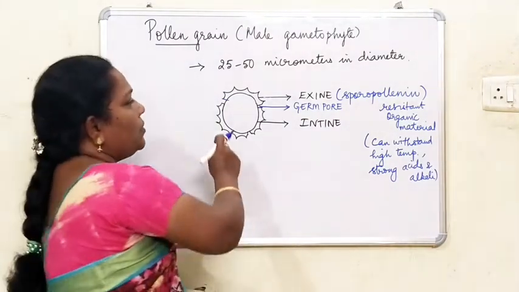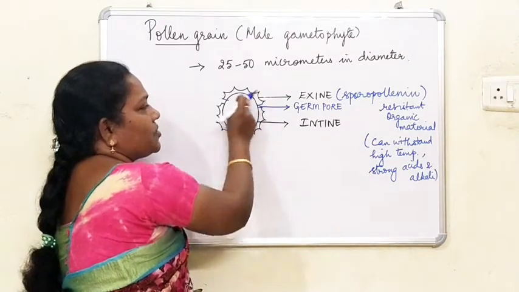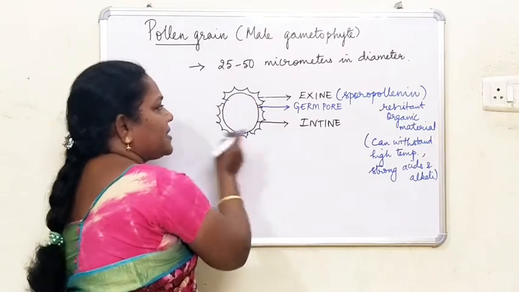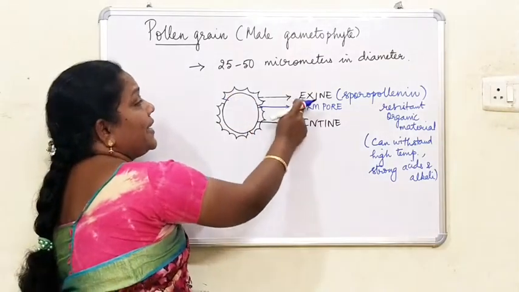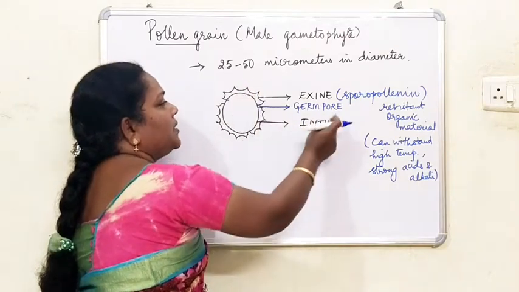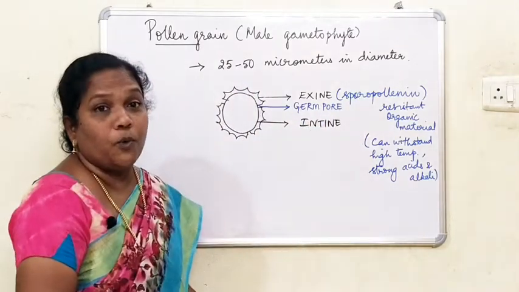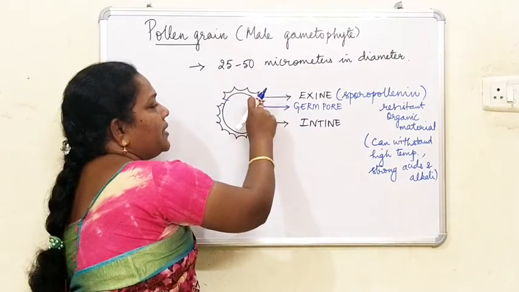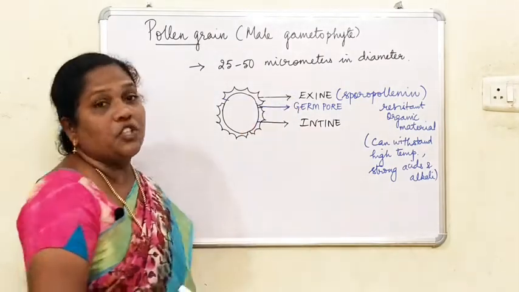So this is the structure of the pollen grain. It is protected by the intine and the exine. The outer layer is the exine, which is hard, and it is made up of a substance called Pulanen. In some places this layer is absent, and that region is called the germ pore.